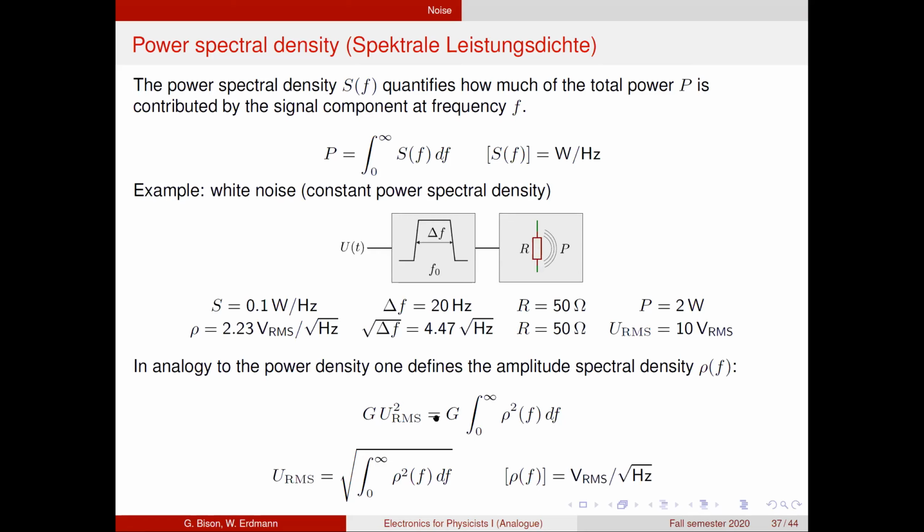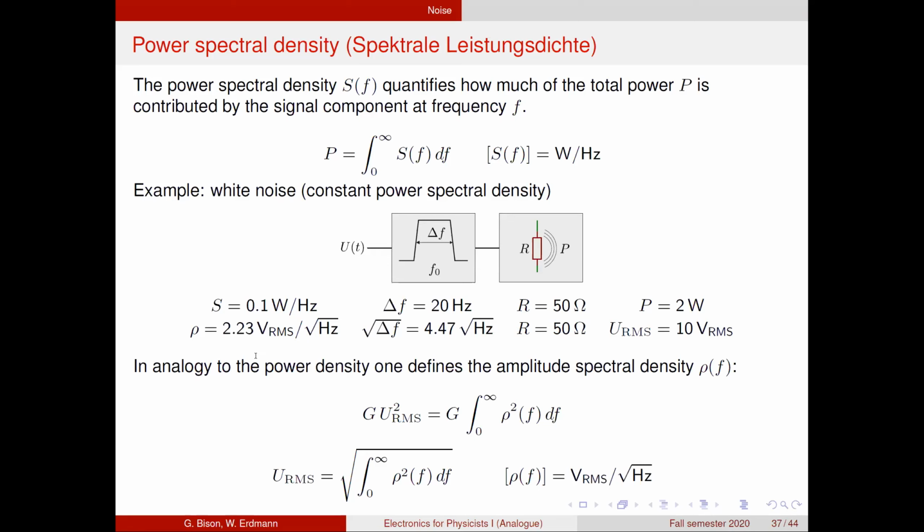By taking the square root, we also take the square root of the frequency interval. So what we have to do is calculate the square root of the frequency interval. And then from this voltage and this square root, we can calculate that the amplitude spectral density has to be 2.23 volts RMS per root hertz.